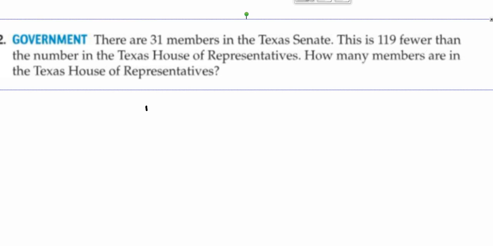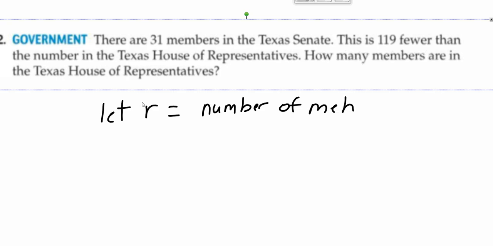Let R equal the number of members in the House of Representatives. Every time we're using the variable R, we're talking about the number of members in the House of Representatives.